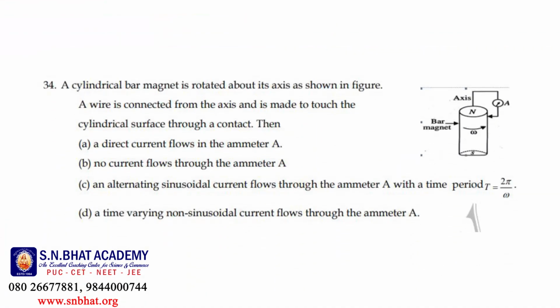Now you come to question number 34. A cylindrical bar magnet is rotated about its axis as shown in the figure. A wire is connected from the axis and it is made to touch.